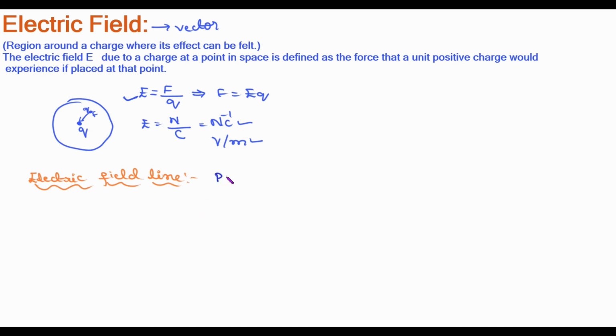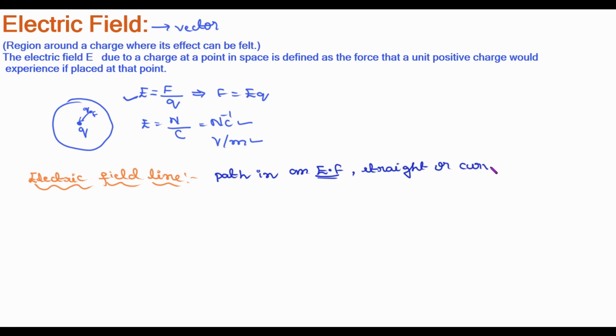EF means electric field, I am using just the short form, but ನೀವು exam ಅಲ್ಲಿ complete electric field ಅಂತ ಬರಿಬೇಕು. And this electric field line can be straight or curved.